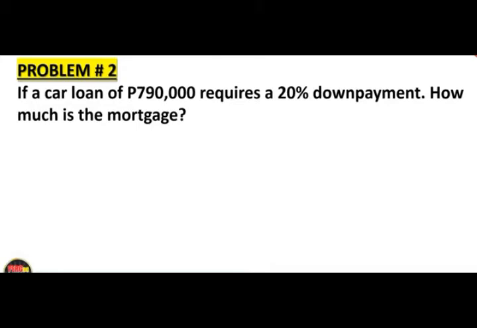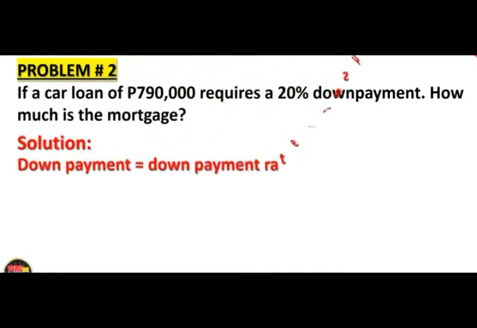Problem number 2. If a car loan of 790,000 pesos requires a 20% down payment, how much is the mortgage? So the solution for this problem is: the down payment equals the down payment rate times the cash price. From the problem, the down payment rate is 20% and the cash price is 790,000 pesos.